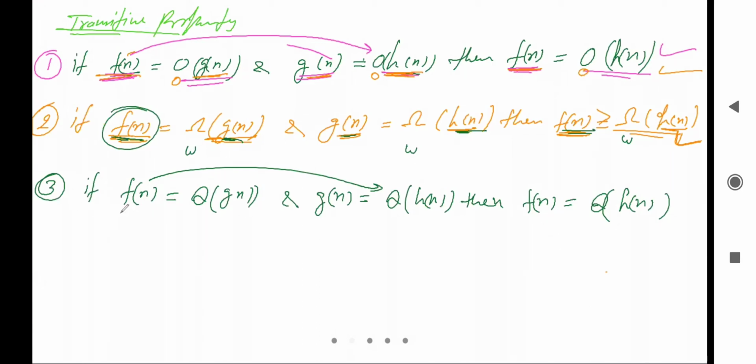कैसे होल्ड करेगा, एफ ऑफ एन इक्वल टू थीटा ऑफ जी ऑफ एन का मतलब क्या हो गया कि यहाँ पे एफ ऑफ एन जी ऑफ एन दोनों क्या रहेंगे, दे विल बी इक्वल। सो हियर इट इज एन square, so here also it is n square, and again here it is n square, then it is also n square, right.